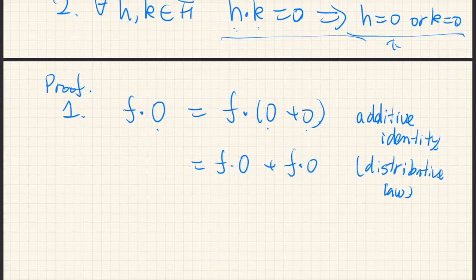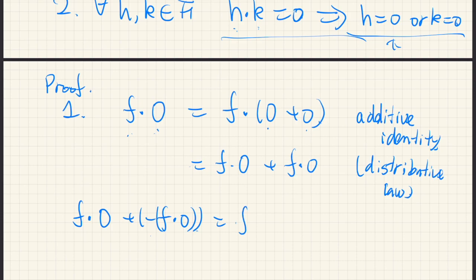Now, to both sides, add the additive inverse of f times 0. So we have f times 0 plus negative (f times 0). Of course, f times 0 is an element of F because of the closure condition, so negative (f times 0) is also an element of the field.